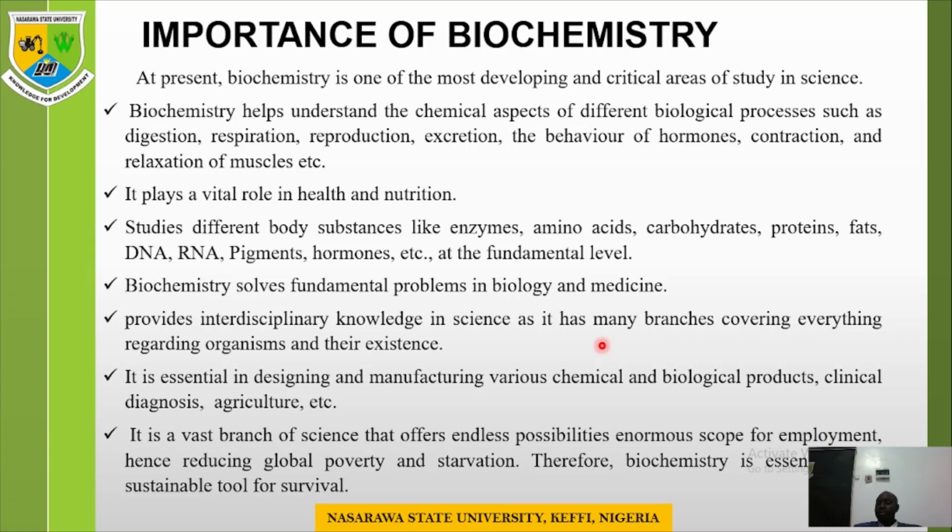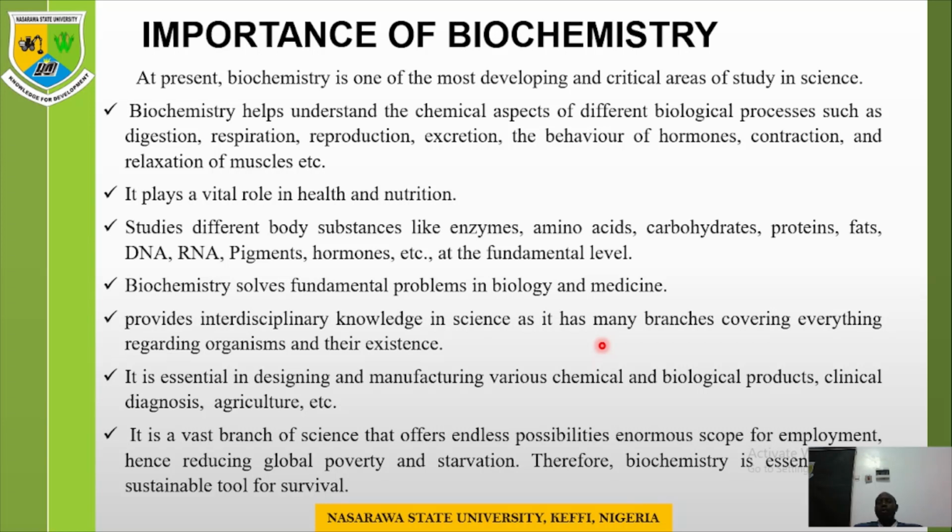So, if you have a first degree in biochemistry, for instance, you can go for clinical pharmacy, that is PharmD. You can go and specialize in PharmD. If you have a first degree in biochemistry, you can go and study medicine. In fact, if I have the power, I will make it compulsory.